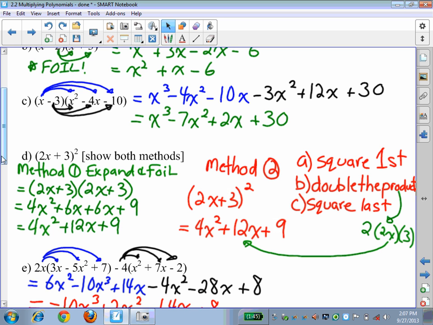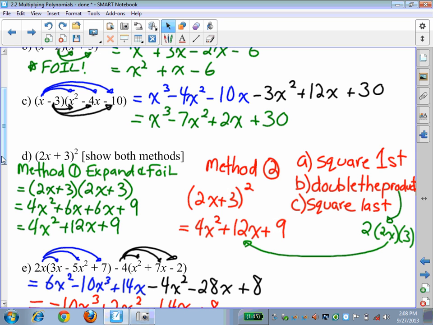Let's take a look at that. So again, you rewrite the base, in this case 2x plus 3, and you write it out twice because the exponent is to the power of 2. Then you use FOIL, first, outside, inside, last, and then you collect like terms. The second example, and if you're planning to go to functions, you're going to want to adapt this short form.